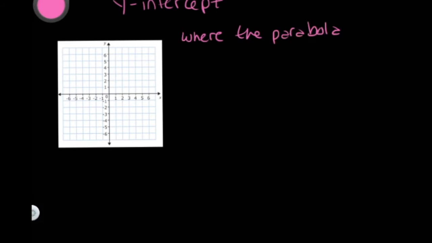Now the next thing that we want to consider are the y-intercepts. Or the y-intercept, singular, because it's only going to cross it once if it does. So this would be where the parabola crosses the y-axis.